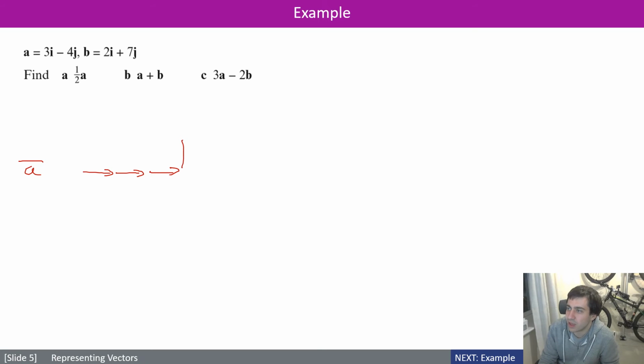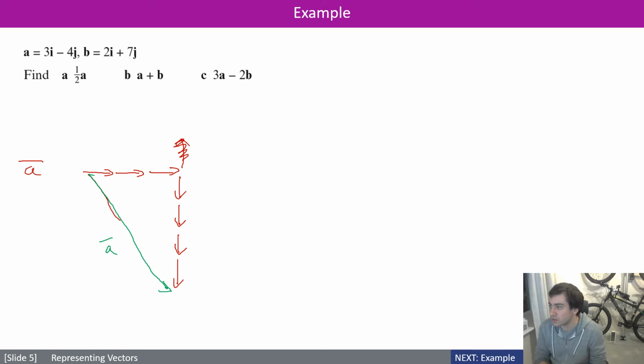So remember, j is that way, so if it's minus 4, it goes in the other direction. Okay, so therefore this is my A. Oh, I should have used a different colour. This is my A. Roughly speaking, that's A. And you get the idea with B. 2 to the right, 7 up, and then draw the line. That's what your vector B would look like.